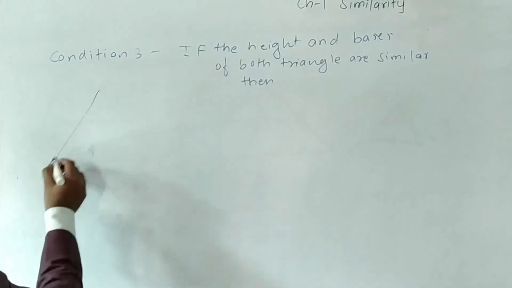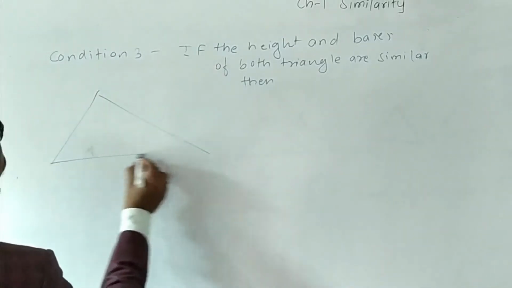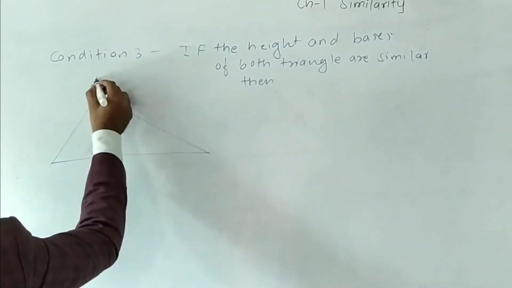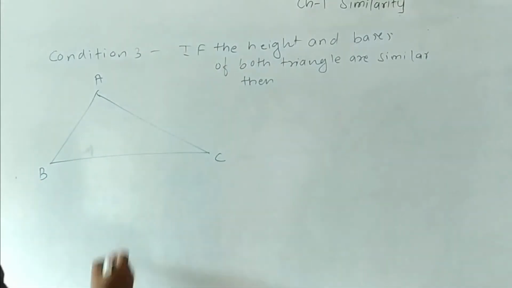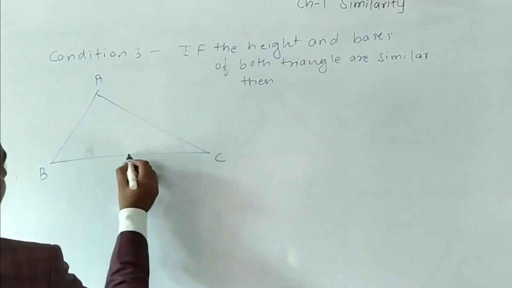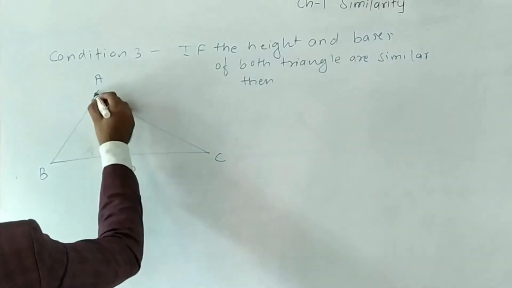Suppose we take a triangle ABC. Here the midpoint of BC is D, and AD is the median.